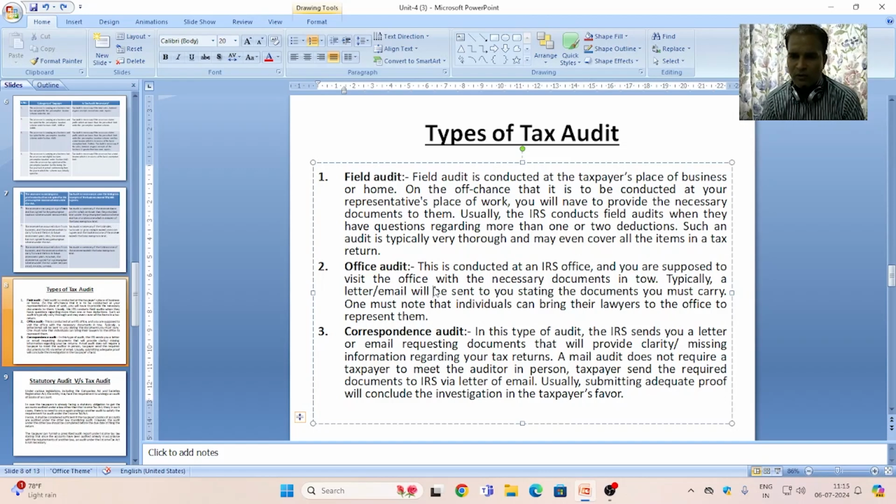In correspondence audit, the third type, the income tax officer sends a letter to the taxpayer asking to present certain documents for audit purposes. Then the taxpayer sends the required documents by email or letter.